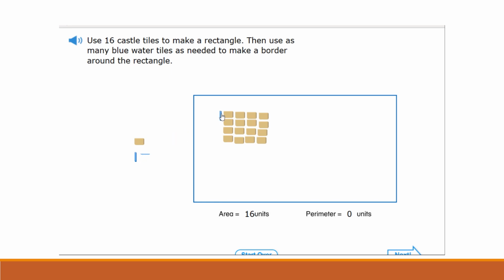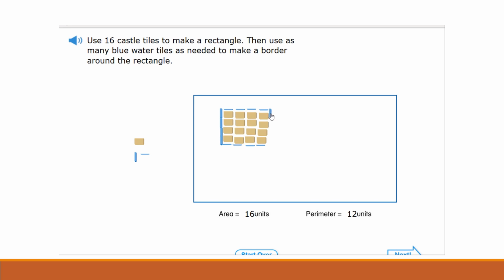Okay. Doesn't match up very well. That's 8 units. 9, 10, 11, 12.